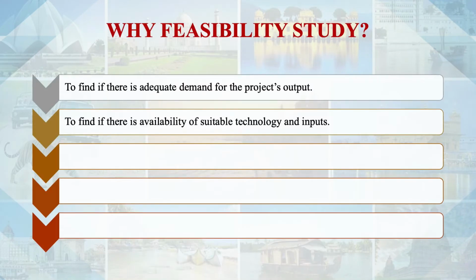So the requirement, the demand of the tourist or of the customer, and to find if there is availability of sustainable, suitable technology and inputs, to find the best options. There can be several ways, several technologies. Few are costly, few are less costly, and we need to, as an analyst, as a project manager, judge which technology best suits us based on cost, based on our requirement.